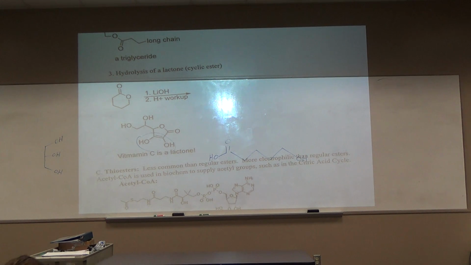You're going to be able to get strongly more basic conditions in the chemistry lab with like sodium hydroxide. That's sort of a double enol that I circled. It's a very electron rich alkene. It'll react; you can do redox chemistry there.